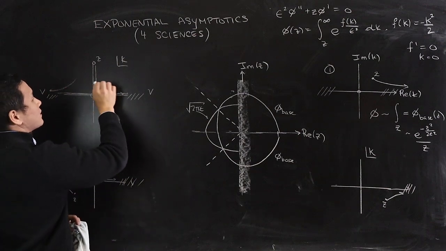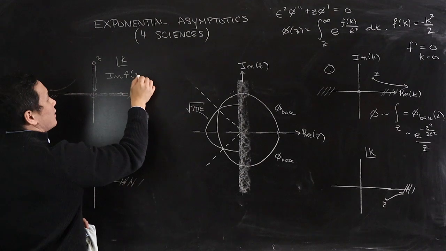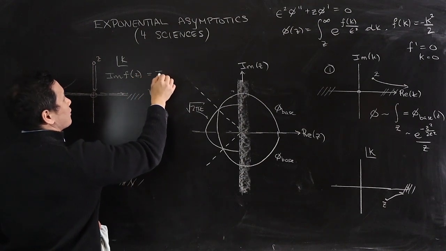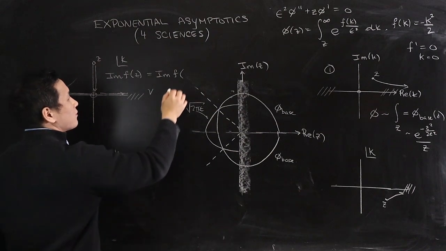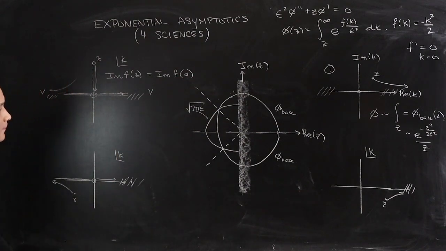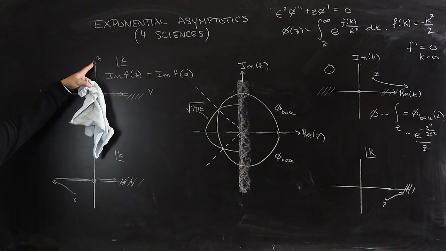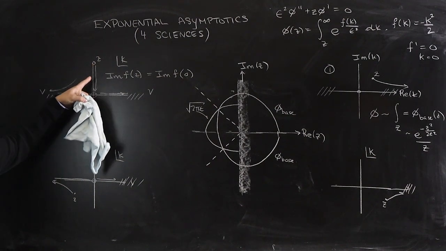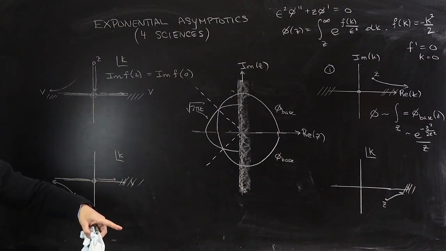the criteria is that the imaginary part of F of Z has to be equal to the imaginary part of F of the saddle point. And in addition to that, in order for the saddle point to connect up with the steepest descent line from Z, it must be the case that the saddle point is downhill from Z, right?